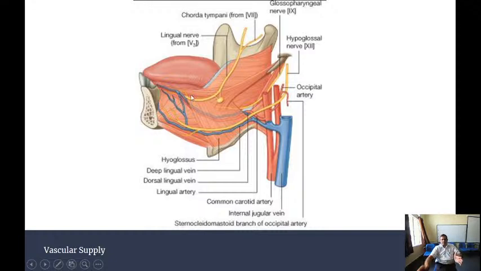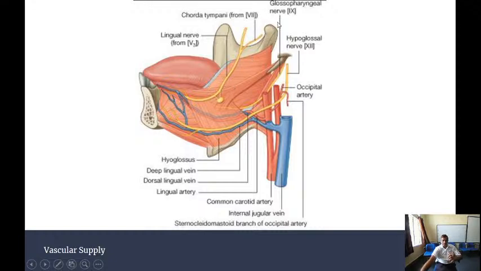So sensory, we divide into general sensation, which is by the lingual nerve from the mandibular division. Then the special sensation, taste, travels along with the lingual nerve. It separates into the chorda tympani, joins the seventh cranial nerve and goes into the salivatory nucleus.